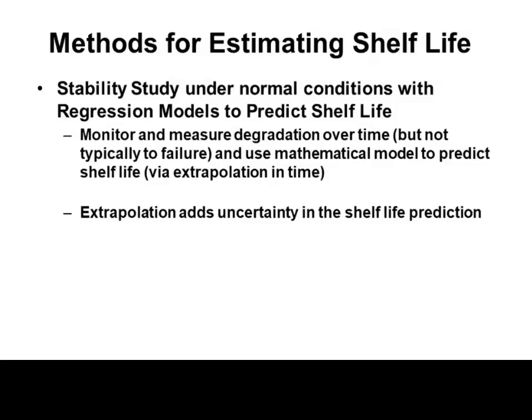Now, we'll talk a little later about some good practices to validate the models. But another reason why we're calculating confidence intervals and basing shelf life on confidence intervals is that when you extrapolate, even if you have the right model, there's more uncertainty in the estimates because you're trying to make a prediction further away from when you actually have real data.